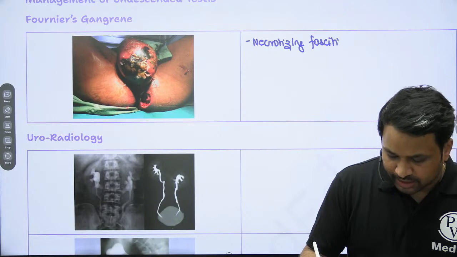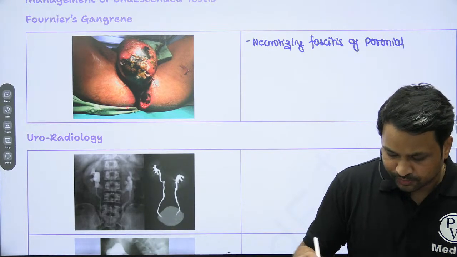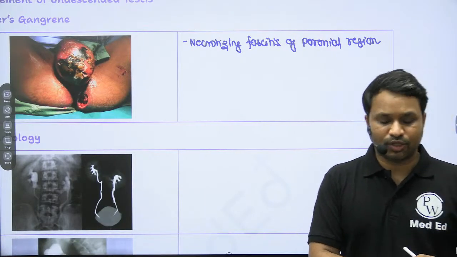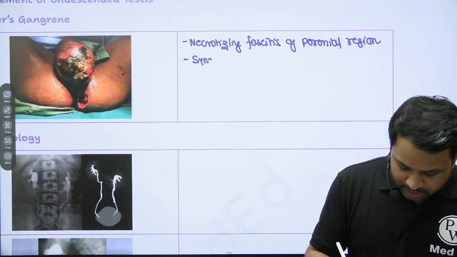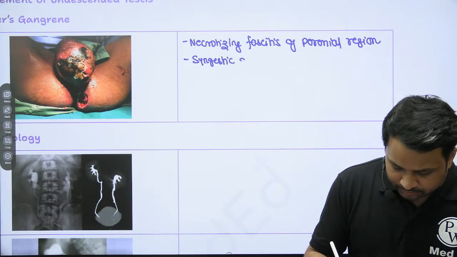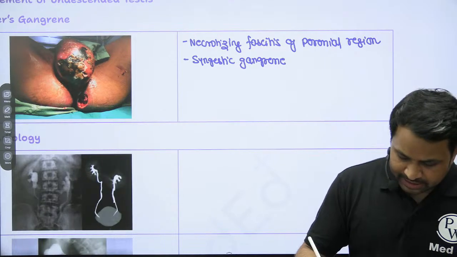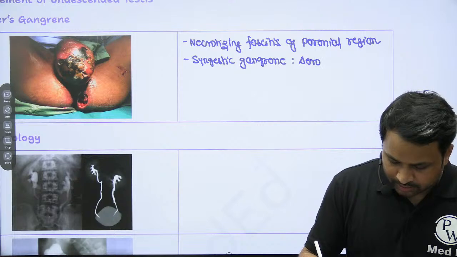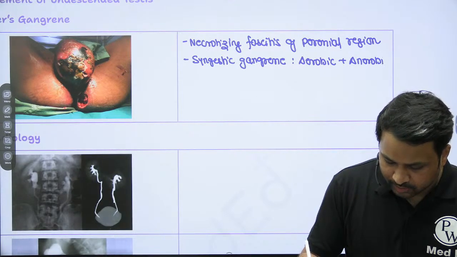It is an example of a synergistic gangrene, which is going to have both aerobic as well as anaerobic bacteria involved.